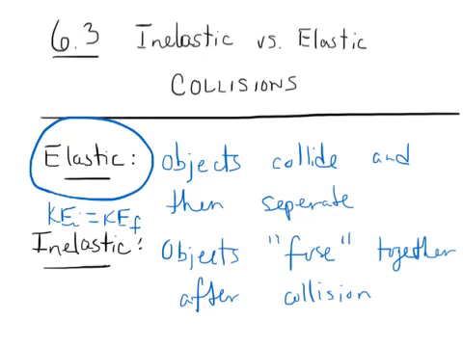Now, when the objects fuse together, you lose energy to thermal energy or heat or friction. So what that means is that the kinetic energy beforehand is not equivalent to the kinetic energy afterward. What you'd have to write is the following: the kinetic energy beforehand equals the kinetic energy afterward, plus now some Q loss.